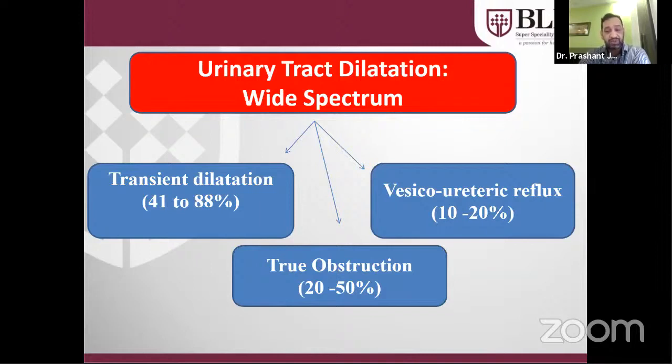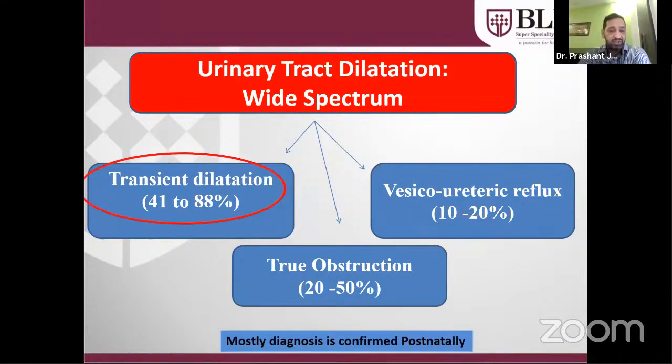And it can be because of vesicoureteric reflux, which is seen in 10 to 20% of cases. So most of this hydronephrosis is basically mild and transient, and it is important that this is identified. These are the patients who need to be managed conservatively and followed.